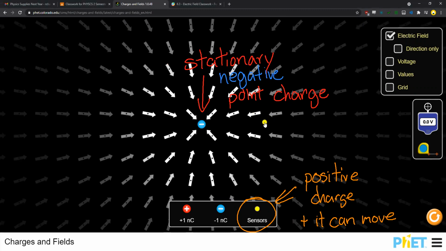And where do you think the sensor will go if I put this sensor anywhere near this negative point charge? It's going to go towards the negative. Yeah, let's put it down. And you're right. It's going to start going towards the negative point charge.